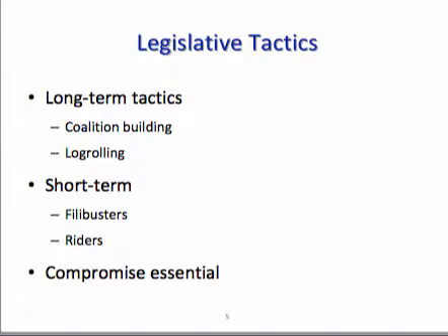In the short term, just as again at the national level, you have the institution or the practice of filibusters. That is the tactic of stopping progress on legislation, usually at the state senate level. And riders are essentially pieces of legislation that are most tangential to the main thrust of a piece of legislation.